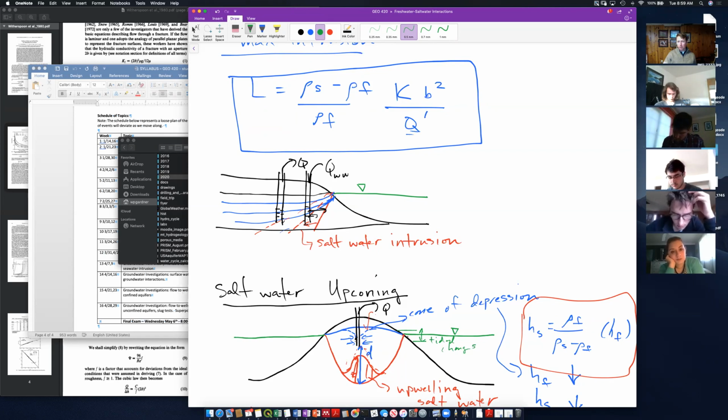Our interface will be given by the mean location. The interface itself doesn't change a lot with tides, because these tidal fluctuations in pressure won't propagate very deep into the subsurface. They don't have enough time to propagate very deeply.